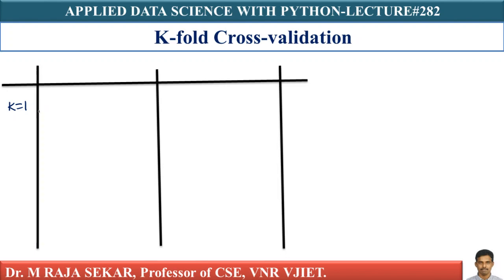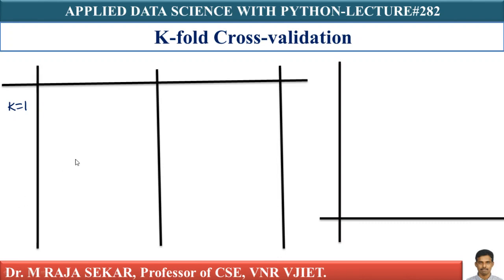I already drew a plot in my previous lectures. For this plot, k equal to 1, 2, 3, 4, 5, so on. How many values? There are n values.